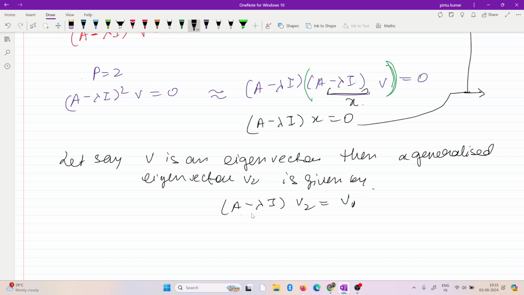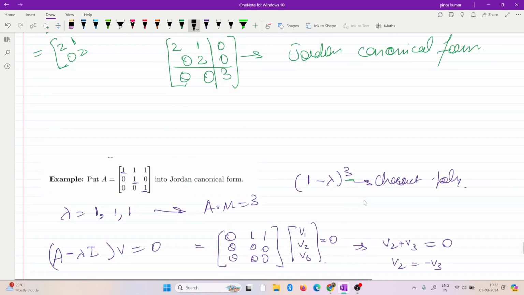So earlier you used to solve (A minus lambda I) v is equal to 0. Now you will solve (A minus lambda I) v2 is equal to v1, where v1 is an eigenvector that you have already obtained. Okay. Let's use this.